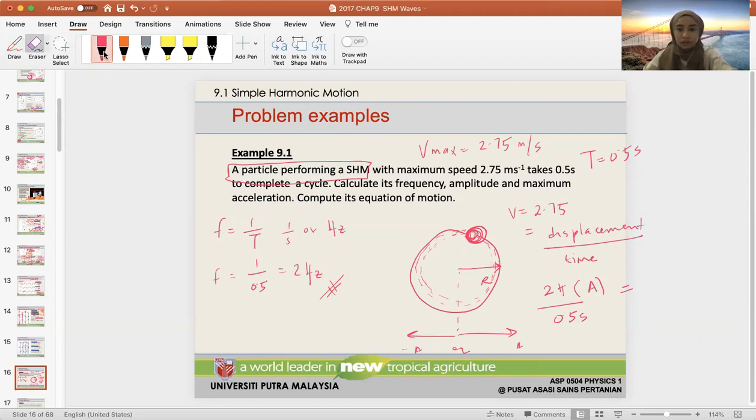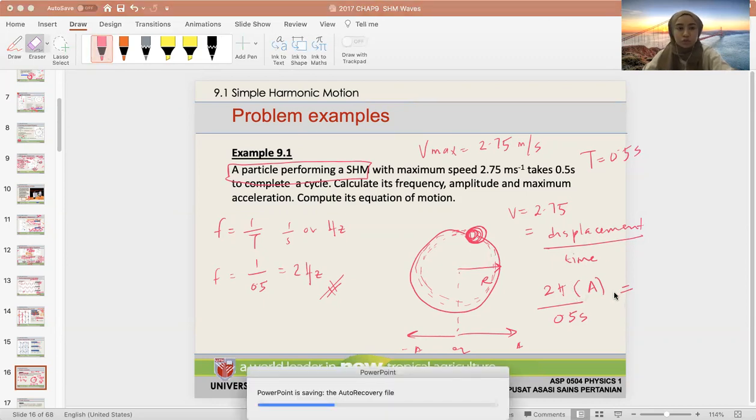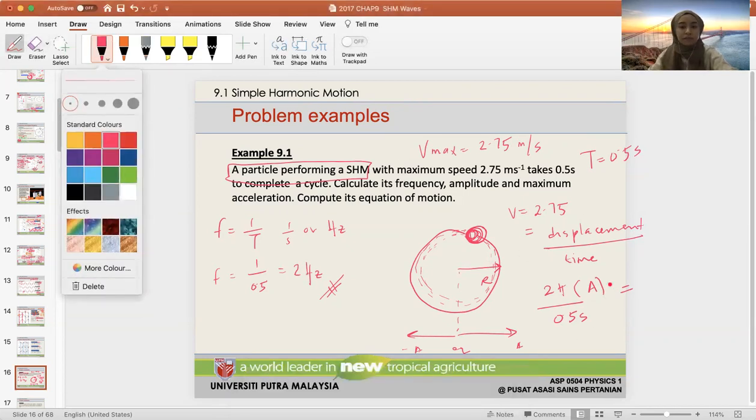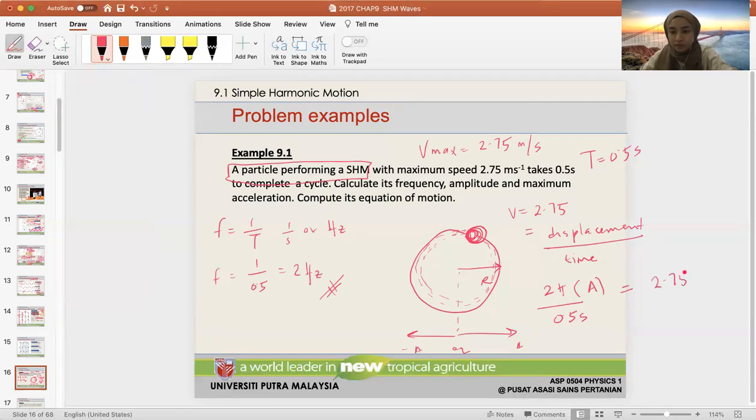So here, your V is displacement over time. The displacement of this particle is 2 pi A, that is the circumference. And the time taken to complete one circumference is 0.5 seconds. 2.75. Kita cakap pasal displacement. Saya tersilap. Okay, so 2.75 times 0.5 divided by 2 pi will give me the amplitude. Okay, it's not intuitive, I know. But that's why we are doing it.